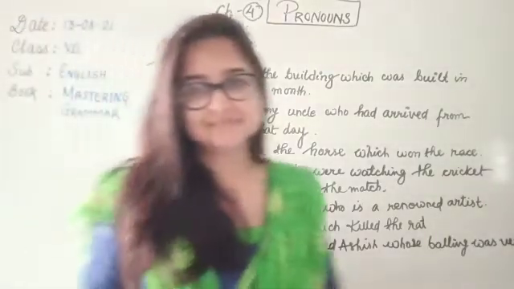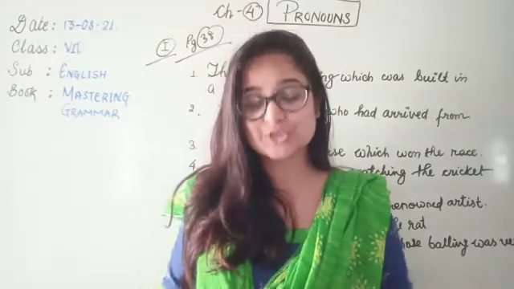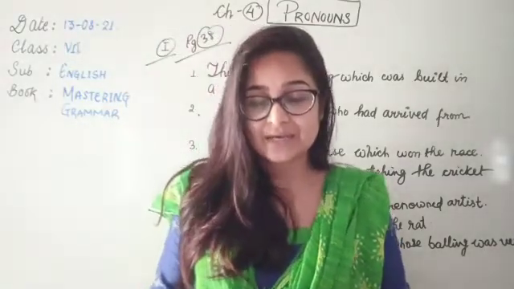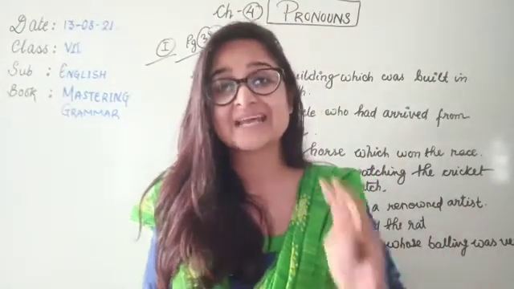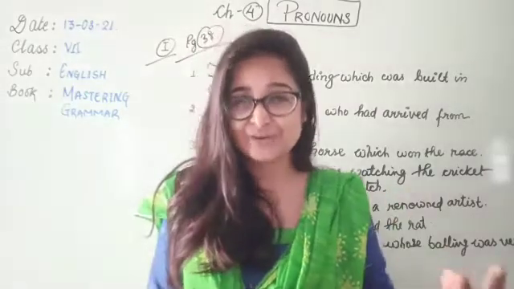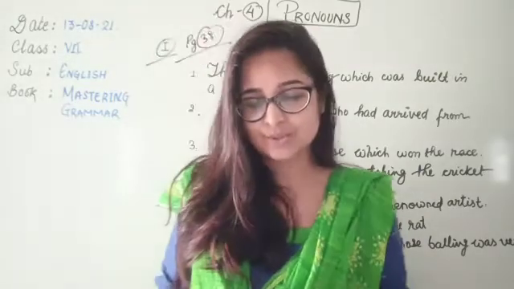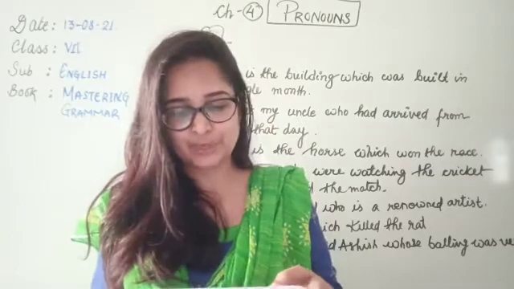Now, let's move ahead with the distributive pronouns. Children, with distributive pronouns, you should know that they are going to denote persons or things taken as single or in group. Like these words, each, every, neither, okay, all. So, here, use of distributive pronouns.